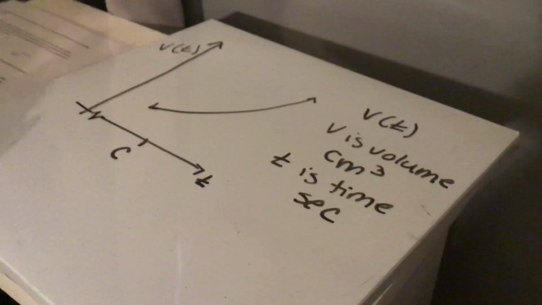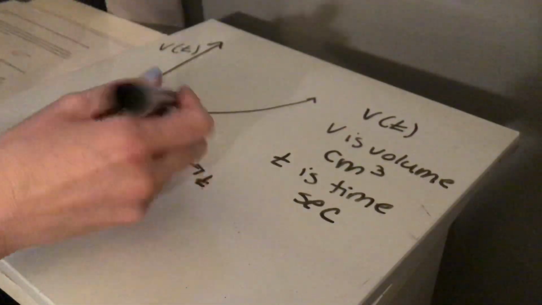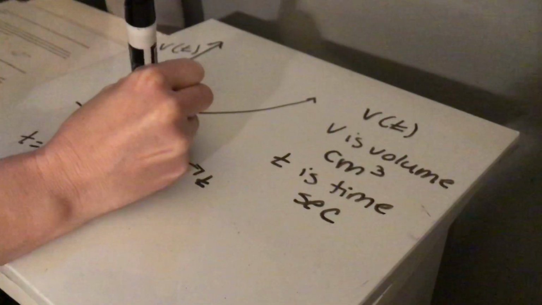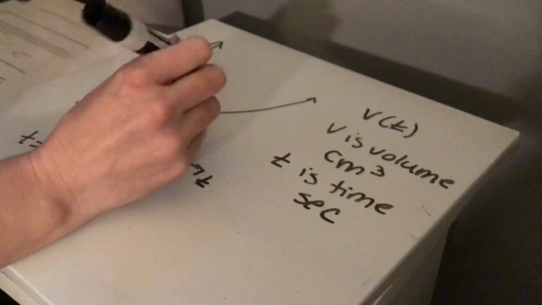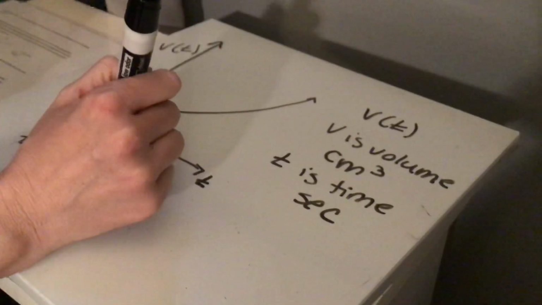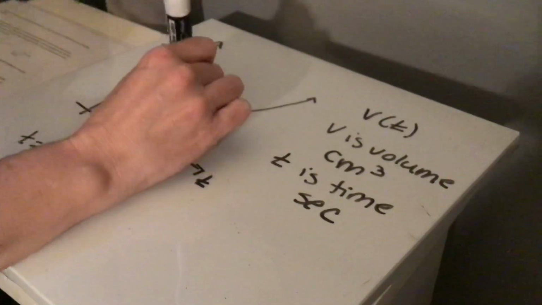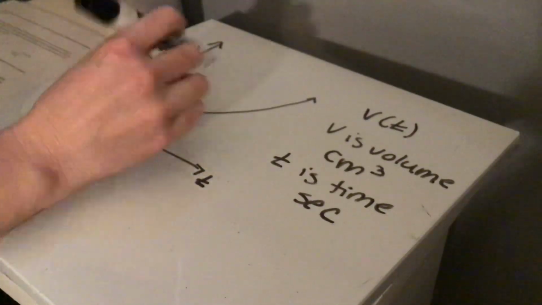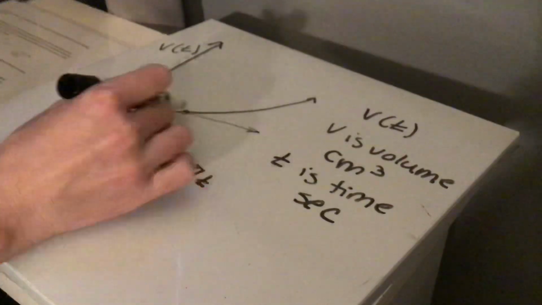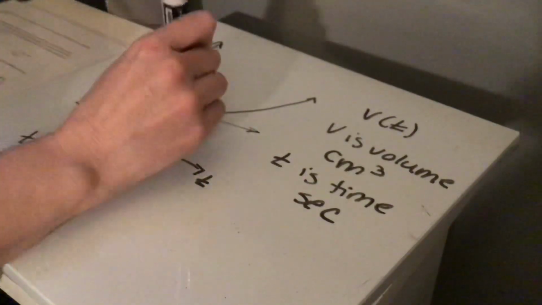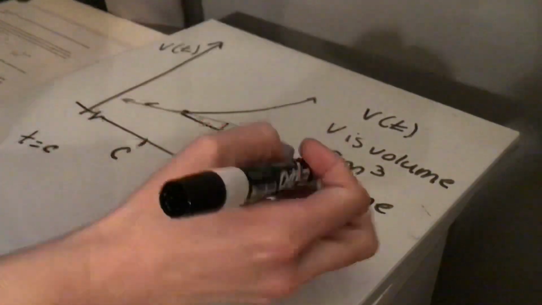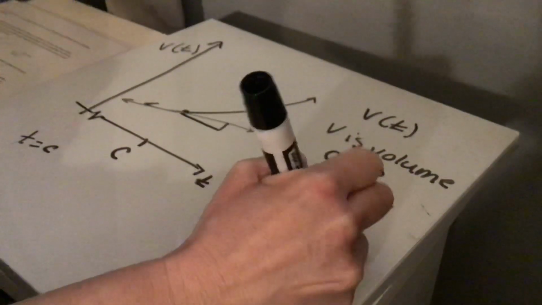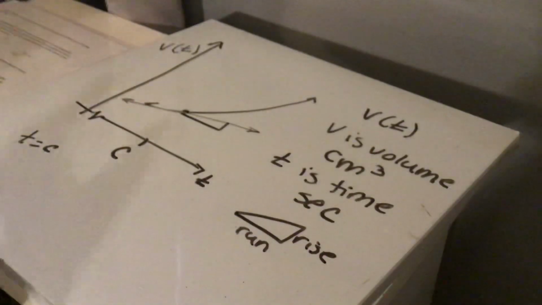So at time equals c, which is here, we're talking about the slope of the tangent line again. Here's our tangent line, and here's our run and our rise. That's what slope is.